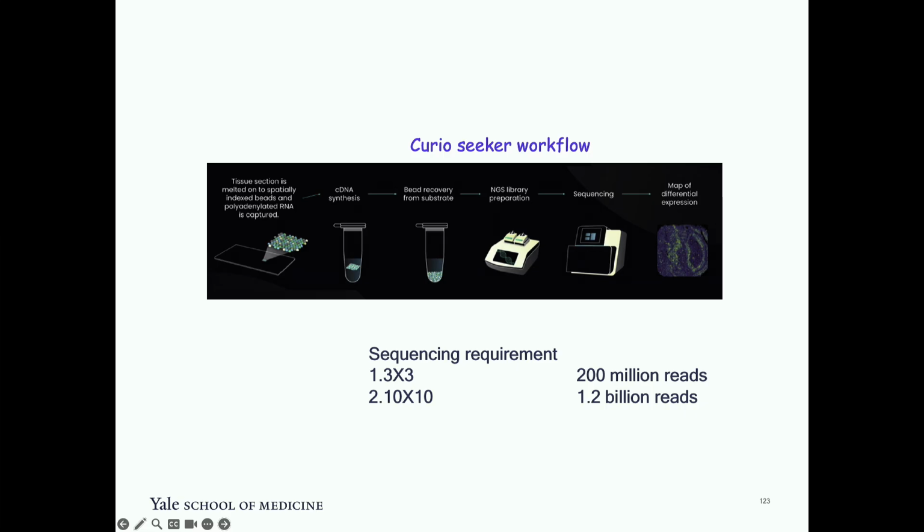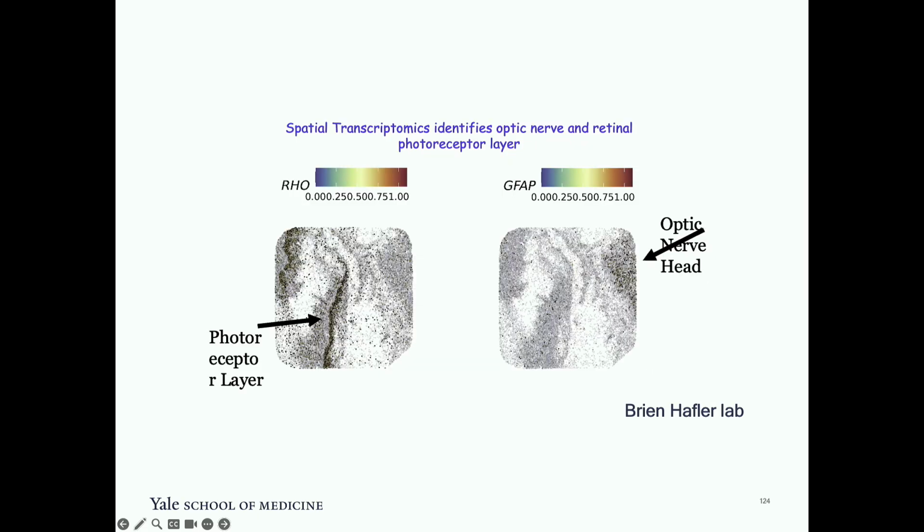Okay, so this is Curio, and here is an example of data. This is a retinal sample from mouse retina, and you can see expression of two genes: GFAP and Rho. Rho is present in the photoreceptor layer, and you can see its expression in the retina, and you can also see GFAP expression in the optic nerve head.